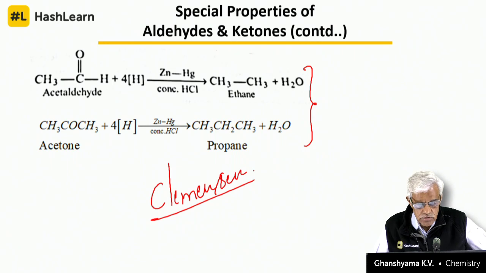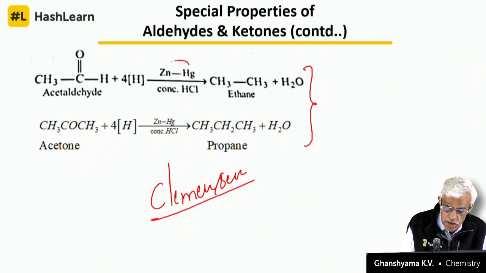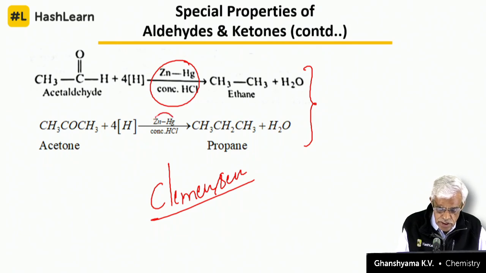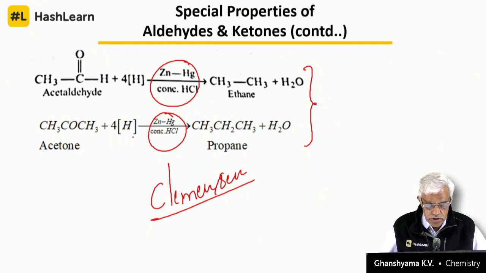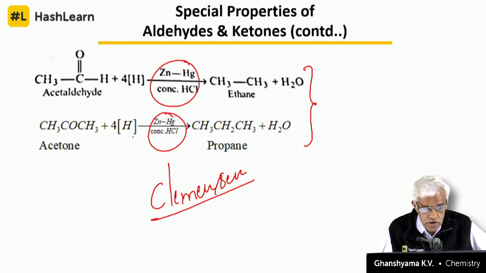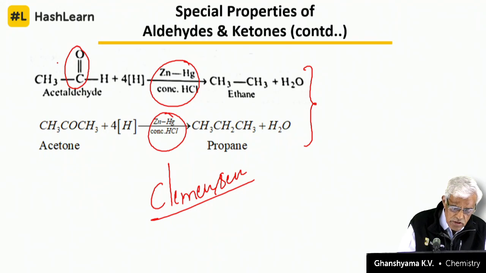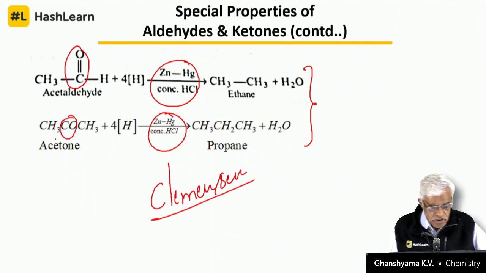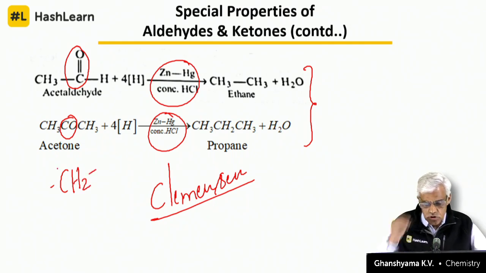If you reduce an aldehyde or a ketone by zinc amalgam and concentrated HCl, which releases nascent hydrogen, the CO group, whether it is present in aldehyde or ketone, gets reduced to a CH2 group.